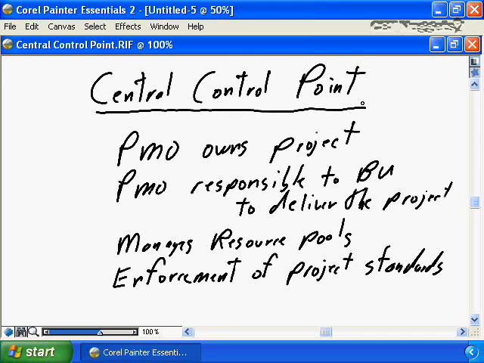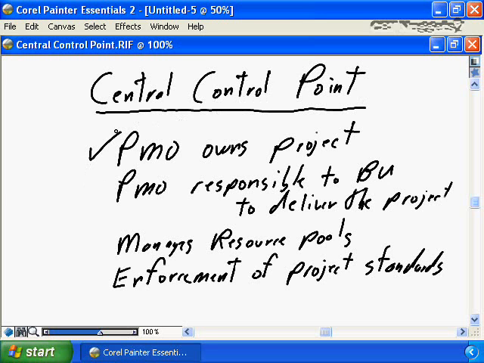There the PMOs were involved in project management, corporate project management, and coordination of information for the project, but they didn't have central ownership. They didn't have control. In this implementation of the PMO, there is ownership. There is power. As we say right here, the PMO owns the project.